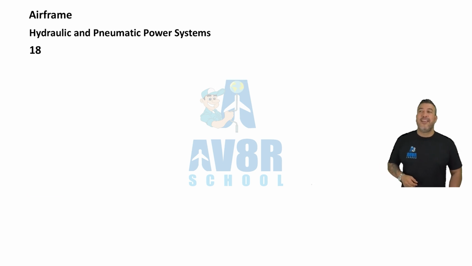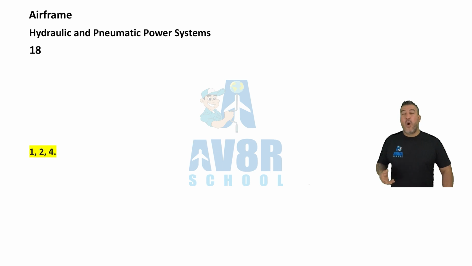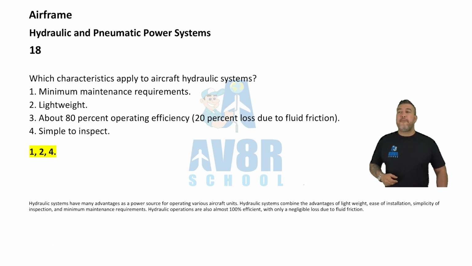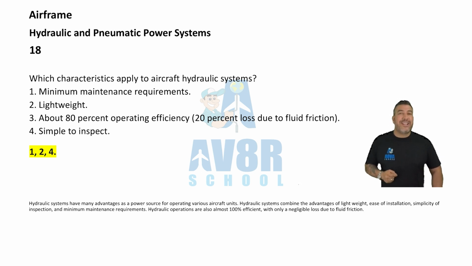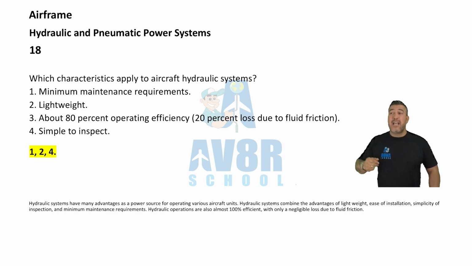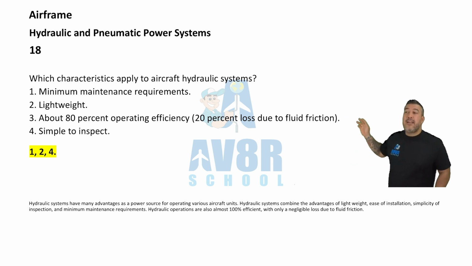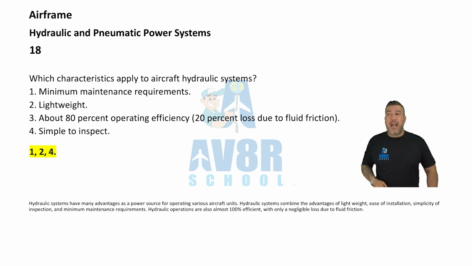Number 18, 1, 2, and 4. So let's see what they are. What characteristics apply to aircraft hydraulic systems? Well, you have 1, which is minimum maintenance requirements. 2, it is lightweight. And 4, it is simple to inspect.